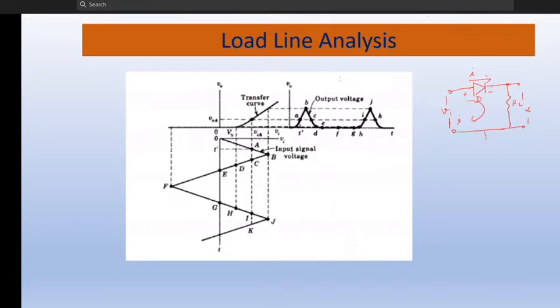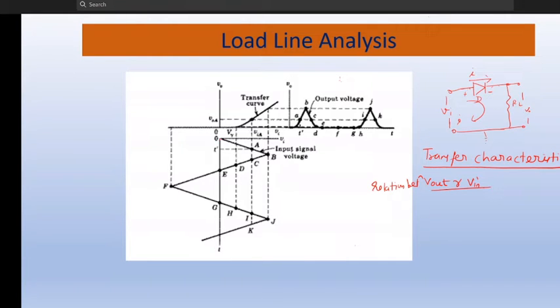We say it is a transfer characteristic, which means there is a relation between Vout and Vin. The relation between Vout and Vin is called a transfer characteristic.